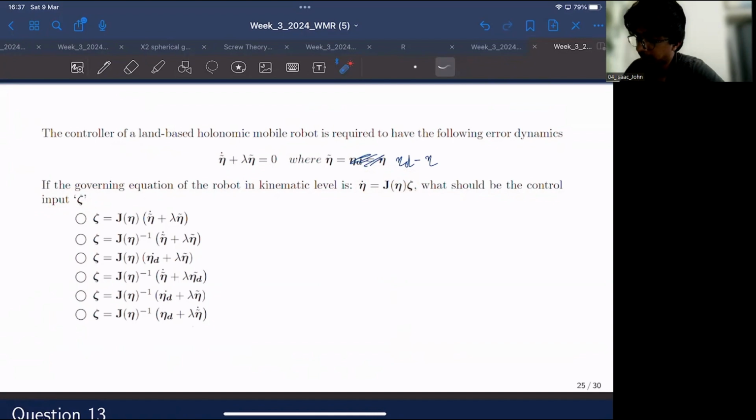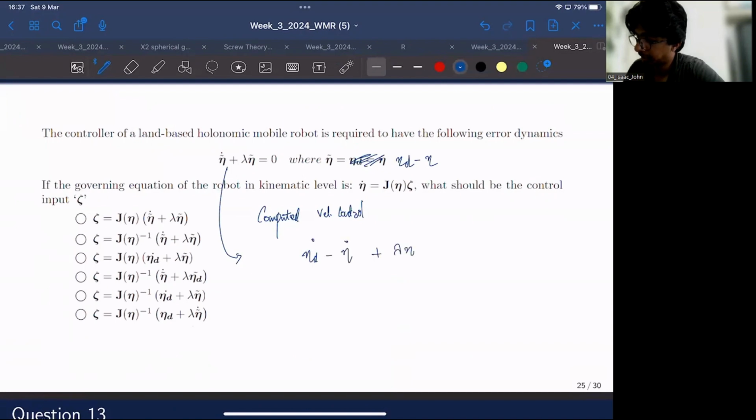So we have already covered this. This is nothing but the computed velocity control law. So if you simply expand this, it will be eta desired dot minus eta dot plus lambda eta tilde, and this will be equal to 0. And if you rearrange this, eta dot would be eta desired dot plus lambda eta tilde.